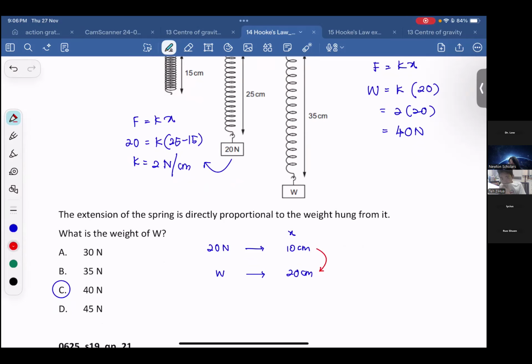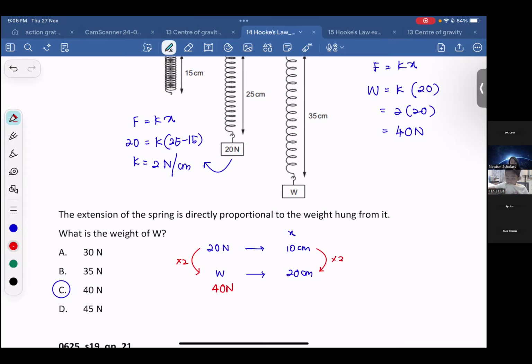Here 10 becomes 20, actually it's times 2. So your left hand side also needs to times 2. So what is your weight? 40 Newton. This is the mathematics way. Just now method 1 is the physics way: find the spring constant, apply in the formula. But another method to solve the question is using mathematics ratio.